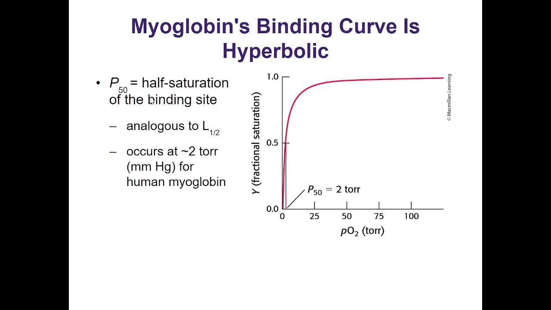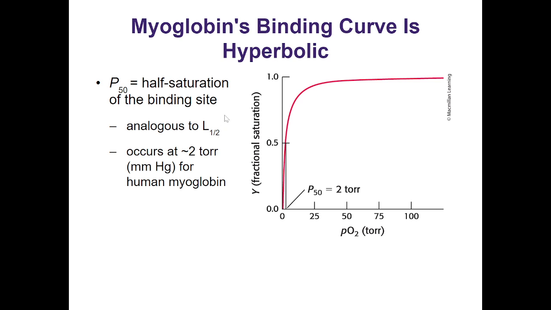Okay, so P50 is half saturation of your binding sites. This is very similar to L50, but in this case we have pressure, so P, partial pressures. Again, analogous to the L1/2. This is actually kind of a funny terminology thing.